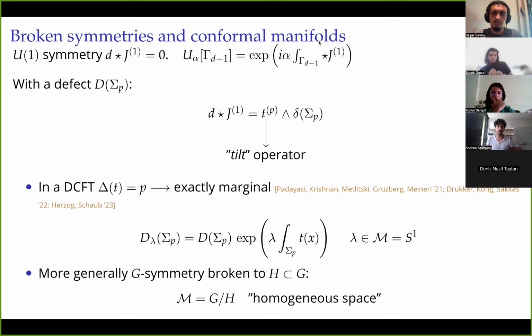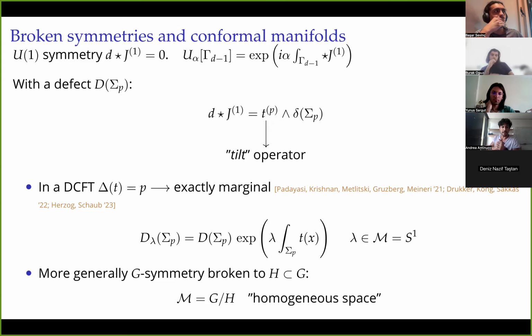And these various defects that are related by activating lambda are obtained from the original defect by wrapping them with the topological operator. So maybe a subset of the topological operators will be just absorbed, and that corresponds to the subgroup H, but others will not be absorbed, and you will get continuous families of defects that are related to each other by wrapping the original defect with a topological operator.